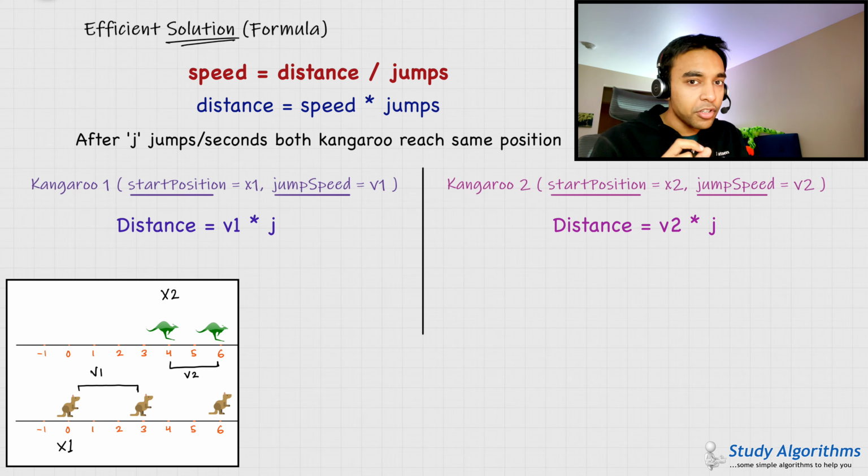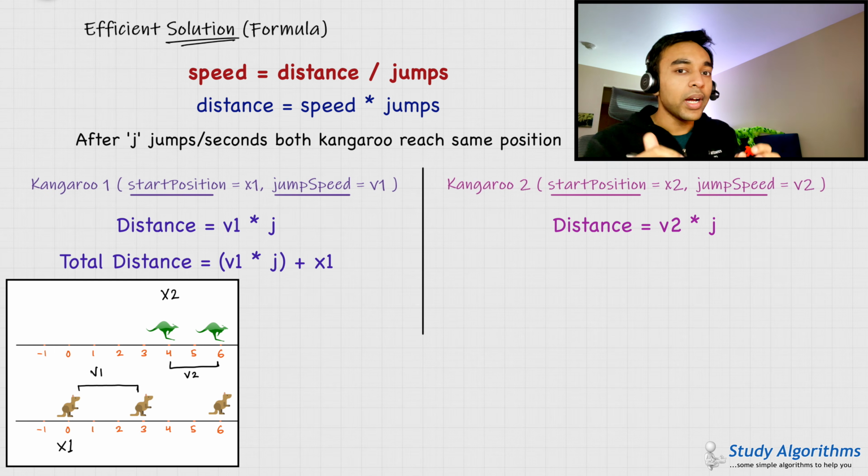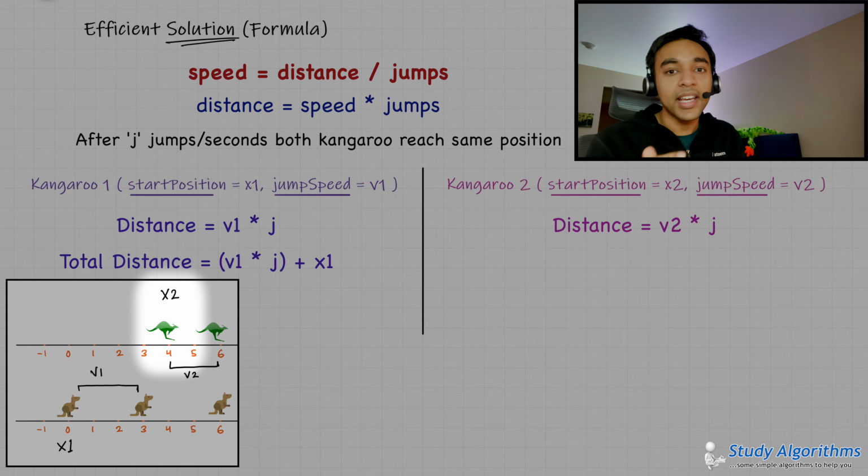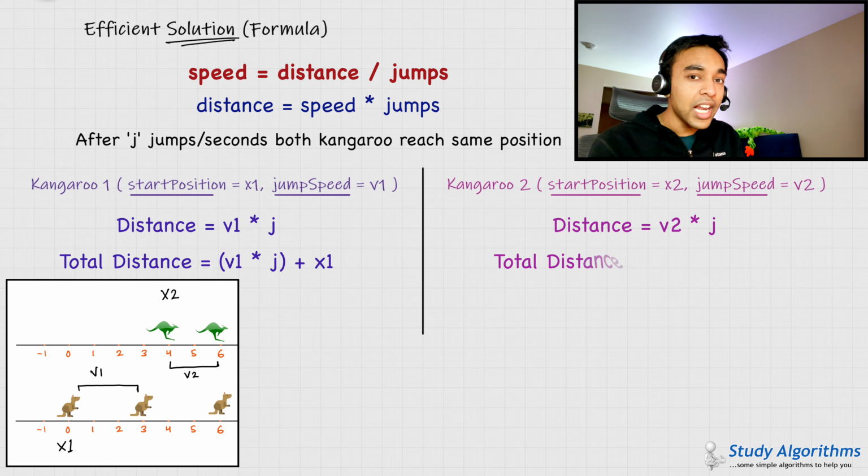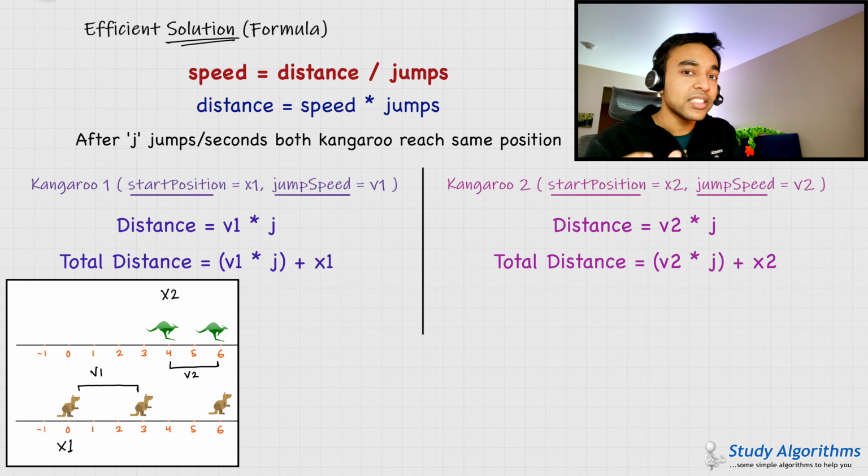The starting position of kangaroo 1 is x1, so we will add x1 to my total distance. And the starting position of kangaroo 2 is x2, and hence we will add x2 to my total distance of kangaroo number 2. Now, to solve this problem, we want both of these values to be the same, right? So hence I would equate them.